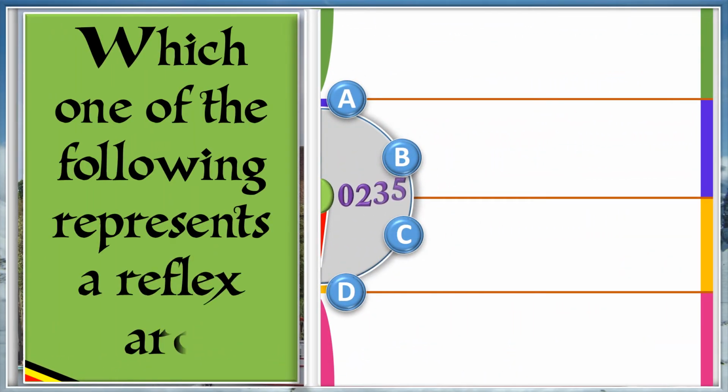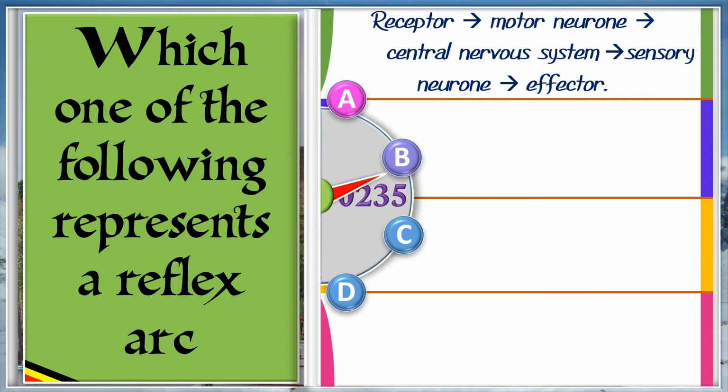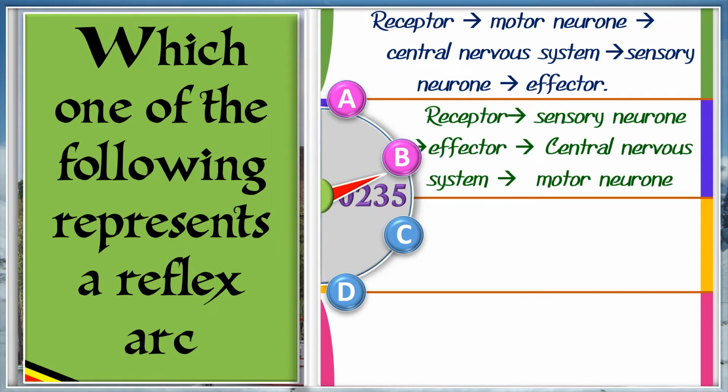Which one of the following represents a reflex arc? A. Receptor, motor neuron, central nervous system, sensory neuron, effectors. B. Receptor, sensory neuron, effector, central nervous system, motor neuron.